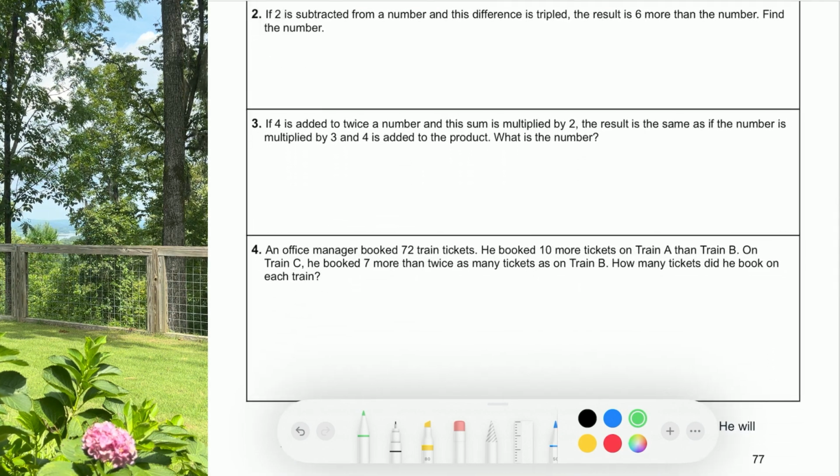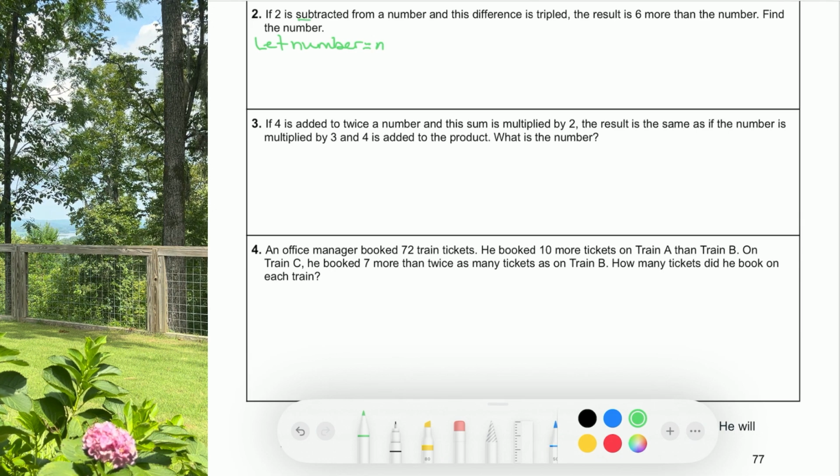Number 2: if 2 is subtracted from a number and this difference is tripled, the result is 6 more than the number. Find the number. Again, let number equal n. Anytime it says the word number, we're going to plug in the letter n.